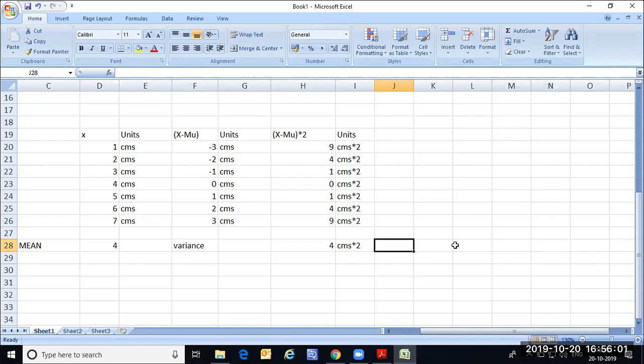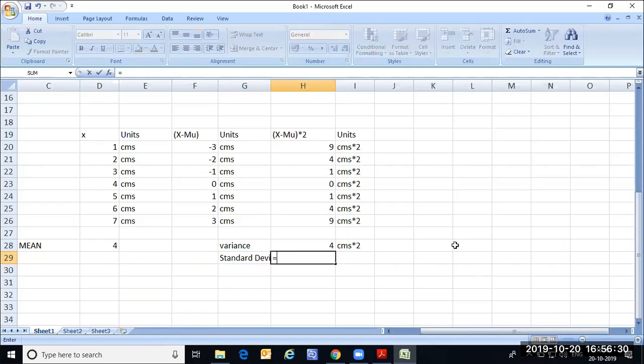In order to get your original units back, that's where the new measure has been introduced called standard deviation. It simply applies the square root on top of the variance, and the units will be back to their original measurement.